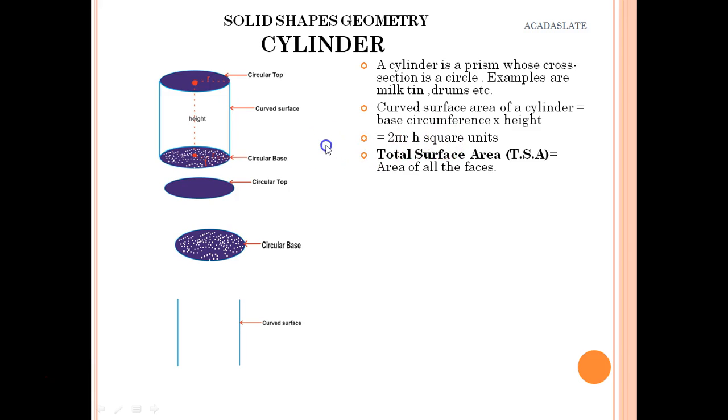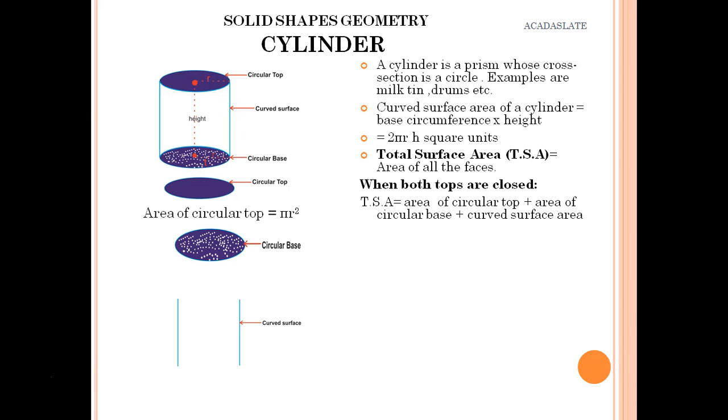Now the next one is to find the total surface area of the cylinder. Under the total surface area of the cylinder, we have two parts. One is when both tops are closed. When both tops are closed, that means the cylinder has three surfaces: the circular top, the circular base, and the curved surface.